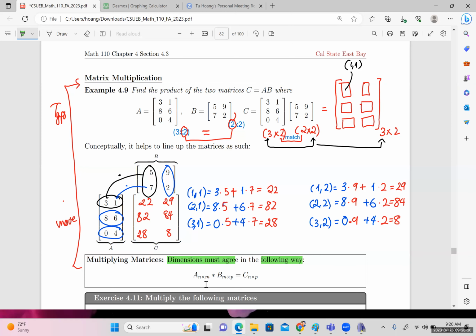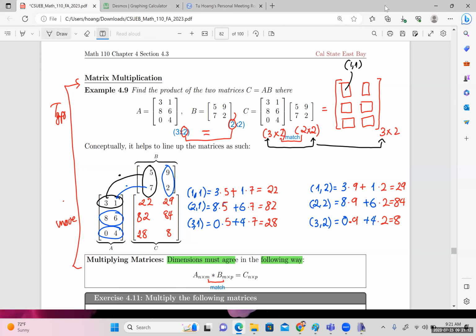We need to match the columns in the first matrix with the rows in the second matrix.